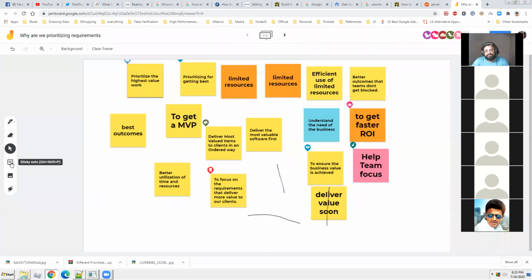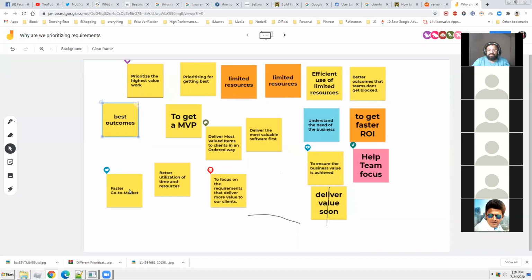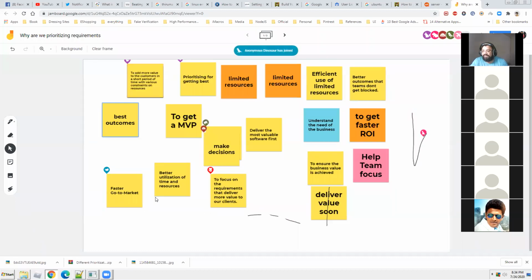Kindly use the sticky notes icon so that we can enter properly. If you use the marker, we might not be able to read the handwriting. Best outcomes, faster go to market. Okay, anything else? To understand the need of the business, perfect.